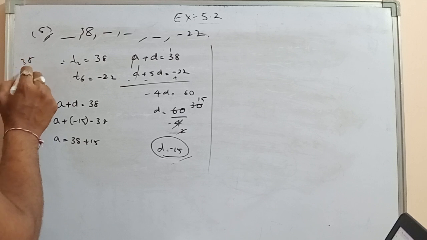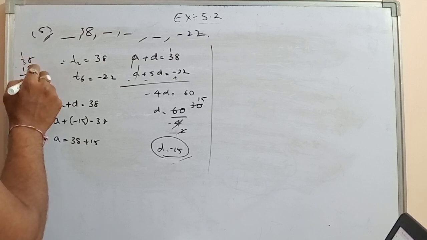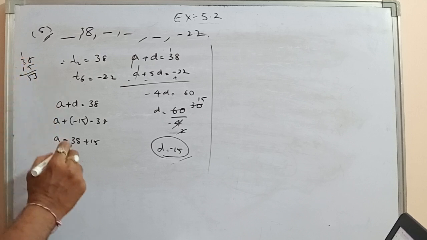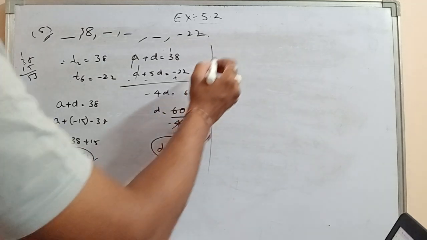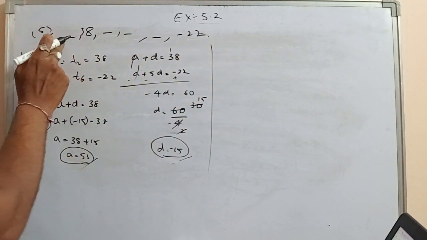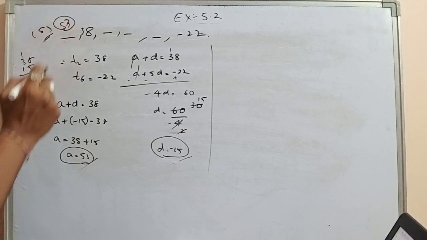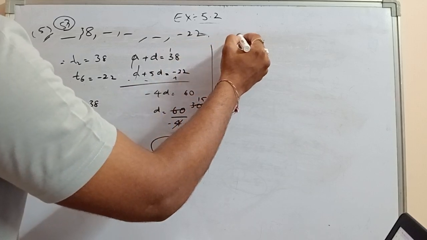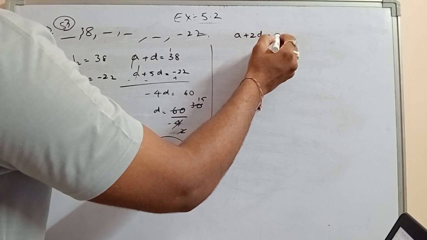So 38 and 15, the value of a will be 53. We got this as 53. Now T1, T2, T3. T3 is nothing but a plus 2d.